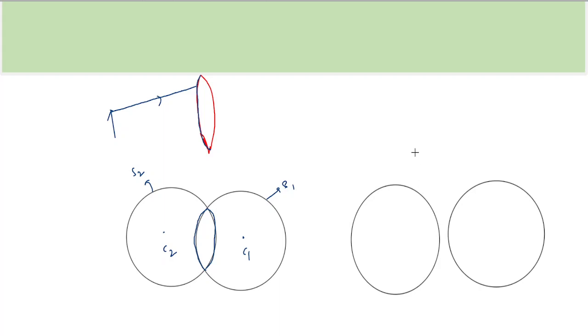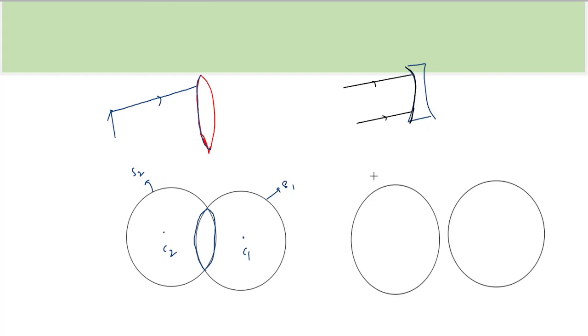The same way, if we look at a concave lens, when light falls on it like this, since light falls on this part of the lens first, that part of the sphere would be the first sphere.